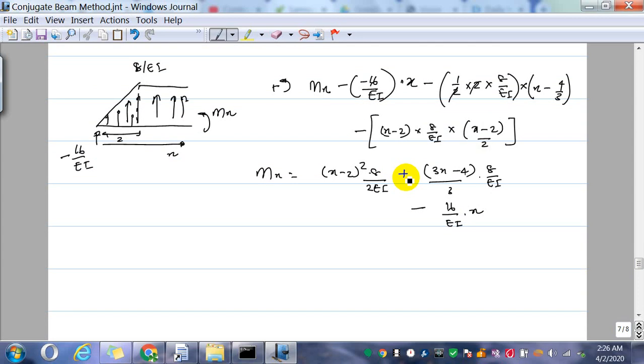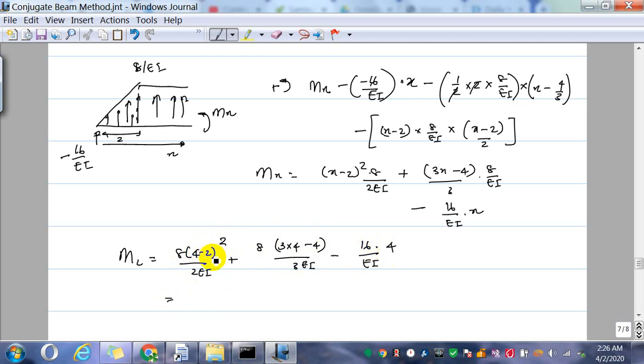So it's of second order. If you plot the shear force diagram, we can plot the bending moment diagram, but that's not my interest. I need to find MC, that is where x is equal to 4. So 8 into 4 minus 2 squared over 2EI, plus 8 into 4 minus 4 over 3, minus 16 over EI into 4.